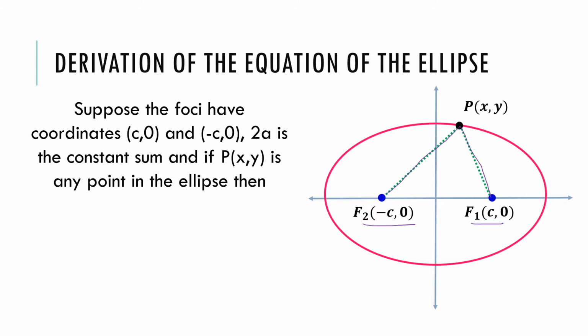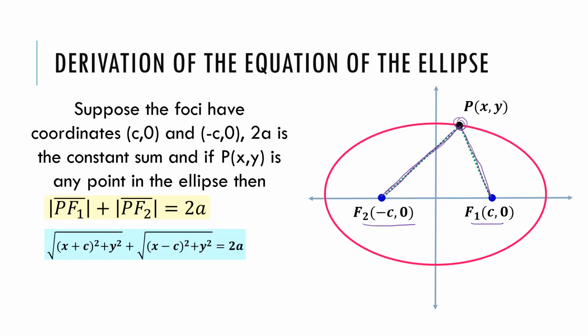And if P of x, y is any point in the ellipse, then, sabi natin kanina, yung sum nung distance ni P kay F sub 1 plus distance ni P kay F sub 2 is equal to 2a.